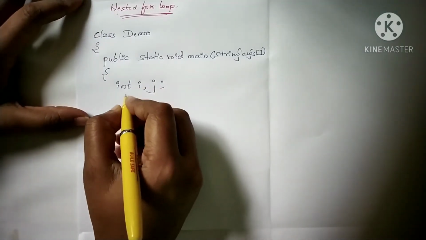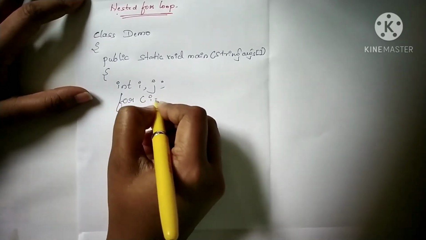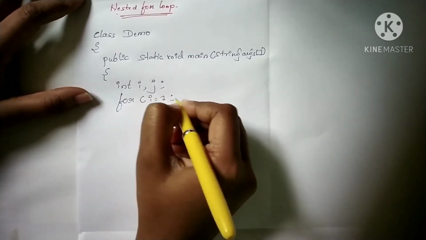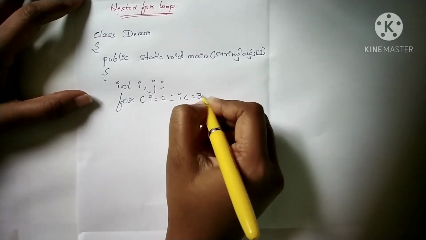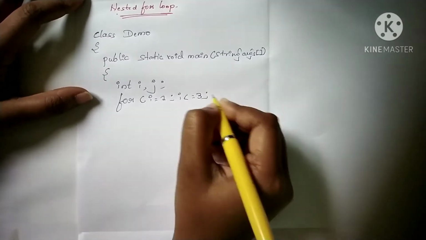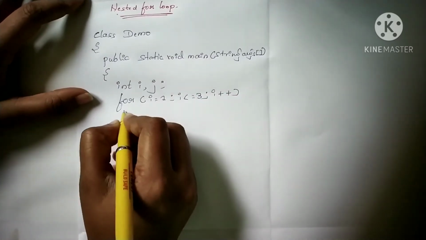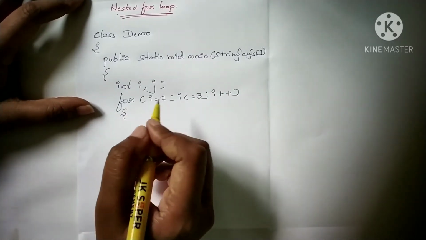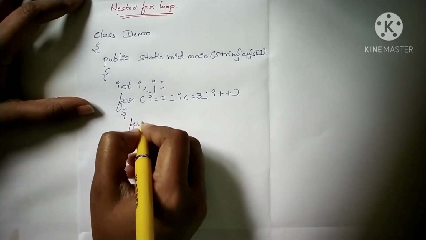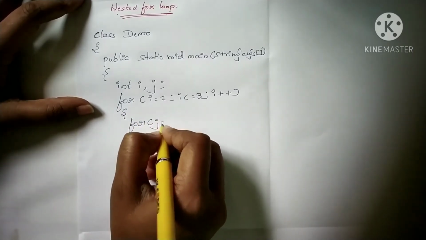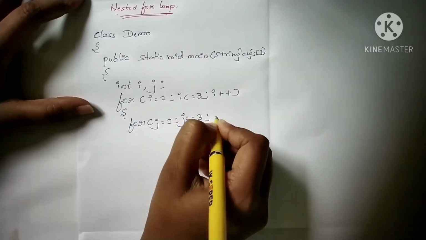Now I am going to write a for loop, that is for i equal to 1, i is less than or equal to 3, then incrementation is i plus plus. In it I write another for loop, that is j equal to 1, j is less than or equal to 3, j plus plus.